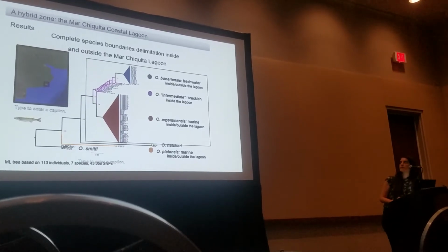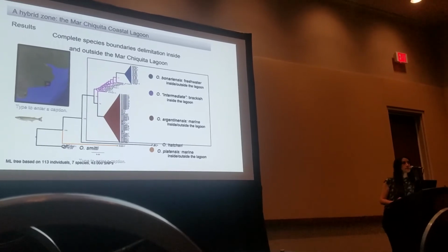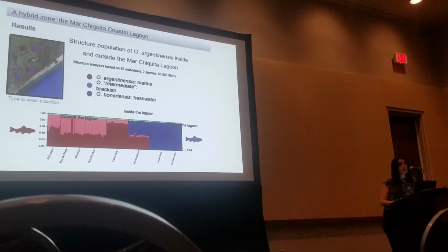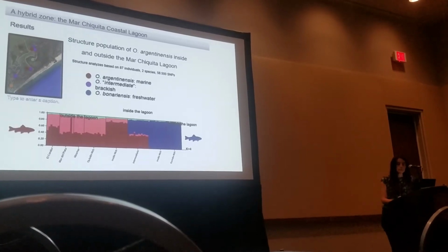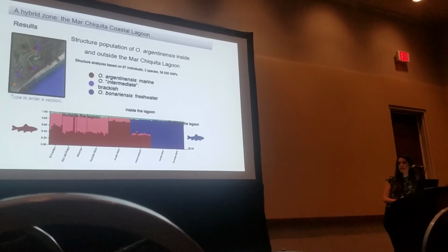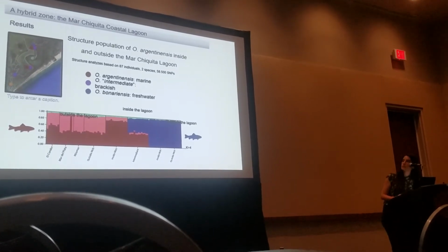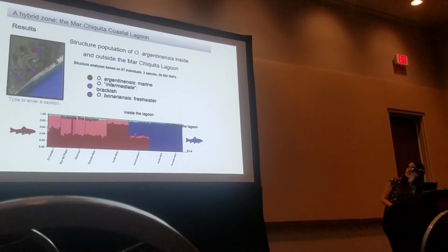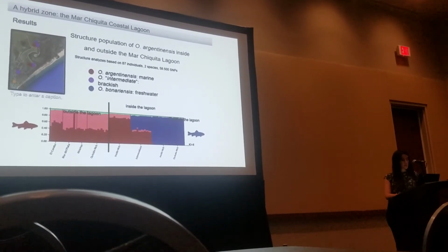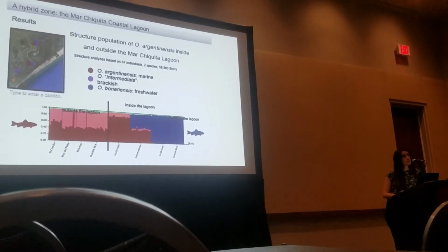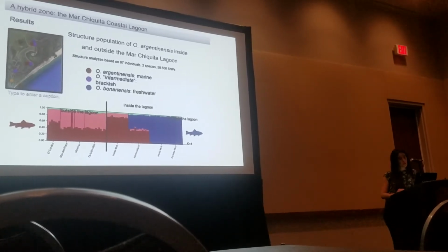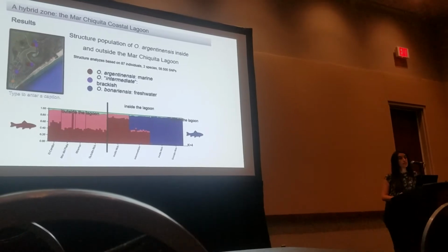So to understand deeper what happened in this relationship, we did a population analysis. This result is very informative because first we can see that argentinensis is split into two different populations. One lives in the sea in 4 different localities, and the other lives inside the lagoon.